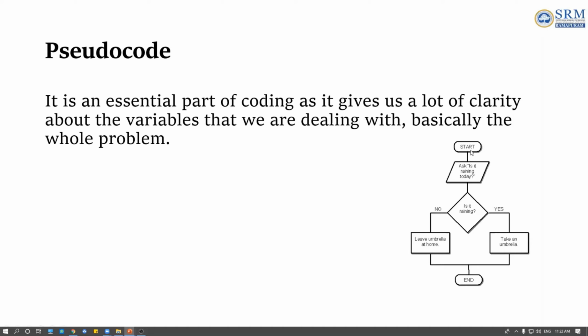When we begin our pseudocode, we're taking a simple example of a program to ask if it is raining or not. Based on the answer that we give, if it is a no, we would leave the umbrella at home, and if it is a yes, we would take the umbrella. And the program ends. So this is a pictorial representation, but we'll be learning how to write a pseudocode.